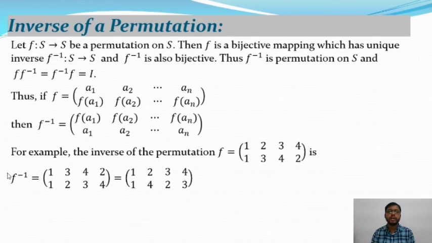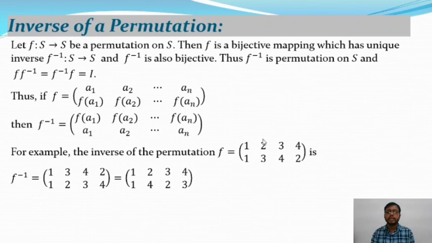So for example, the inverse permutation of F, where F is a permutation of degree 4. The elements of F in the domain set are 1, 2, 3, 4, and the corresponding codomain elements are 1 corresponding to 1, 3 corresponding to 2, 4 corresponding to 3, and 2 corresponding to 4.